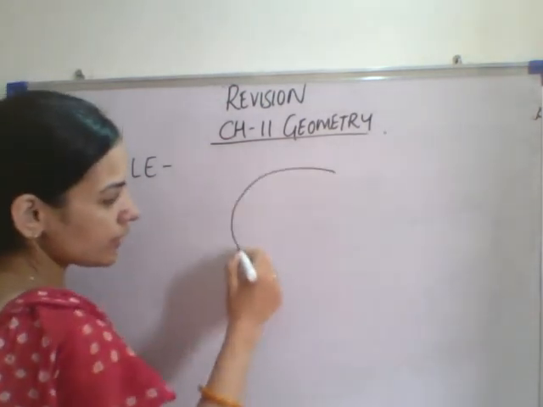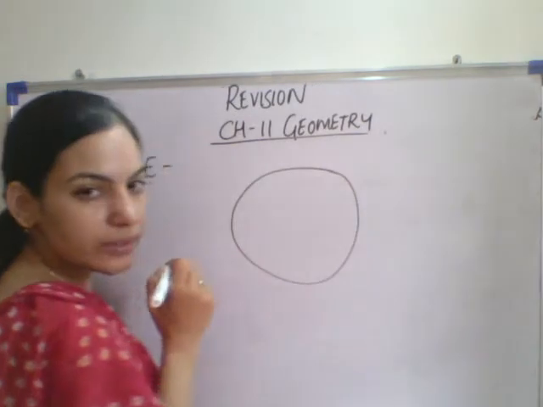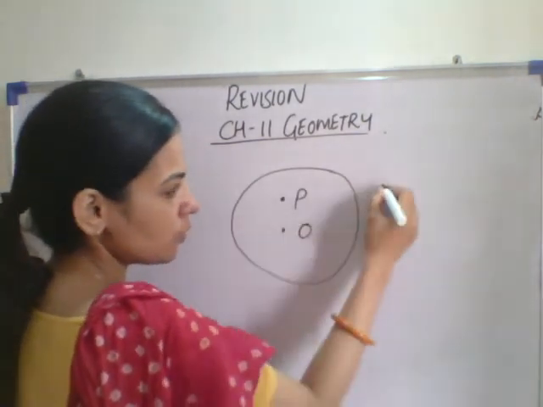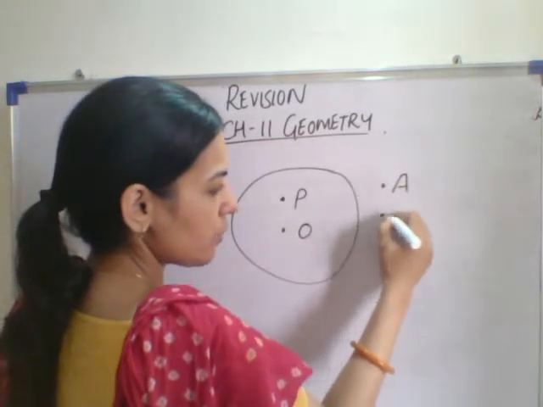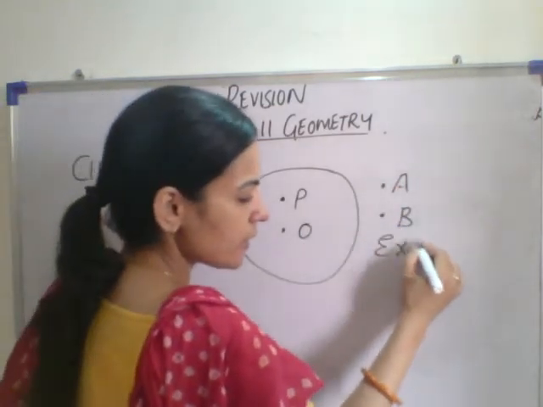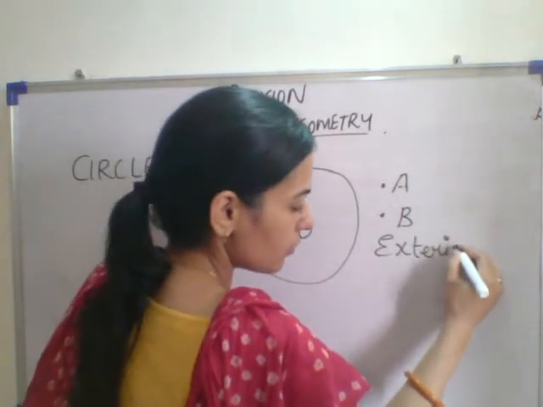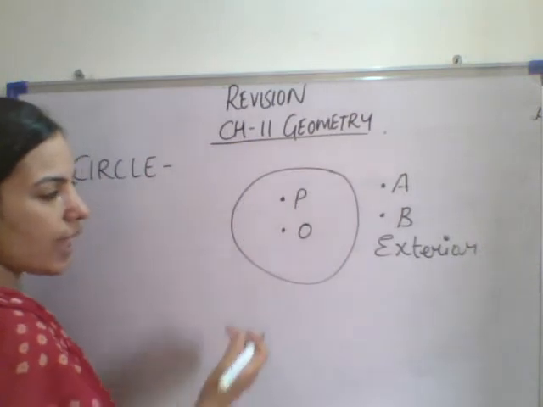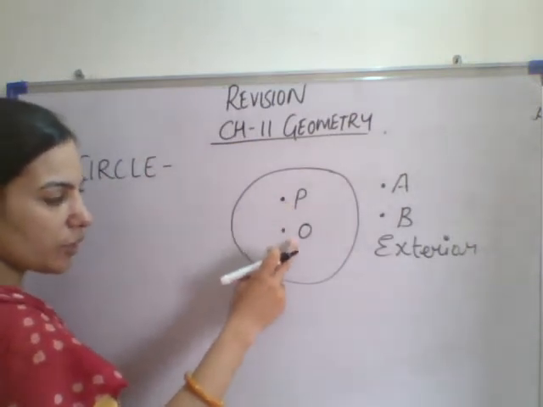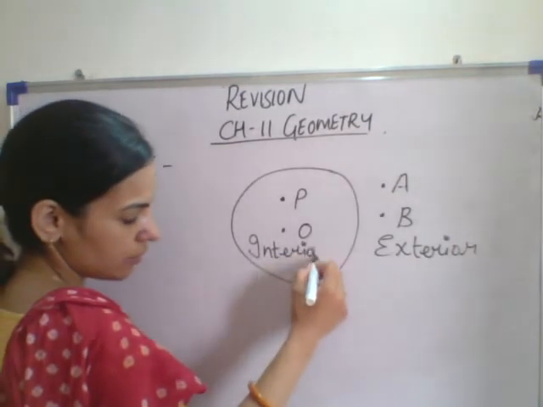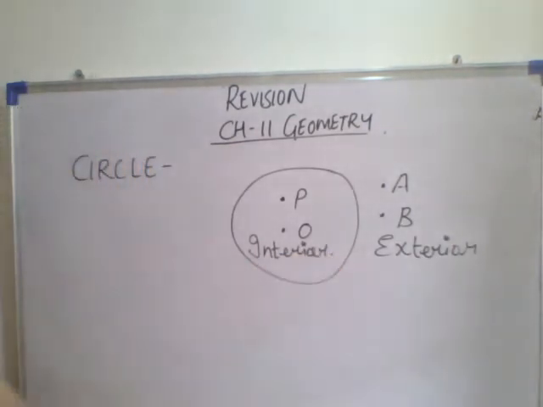I am drawing a circle and certain points: point P, point O, point A and point B. Points A and B are exterior to the circle, present outside. And points P and O are interior, present inside the circle.